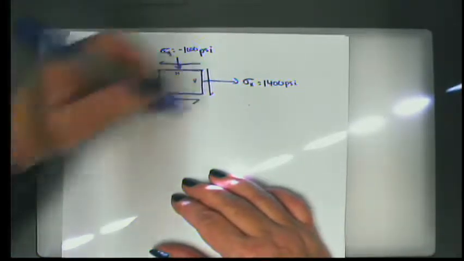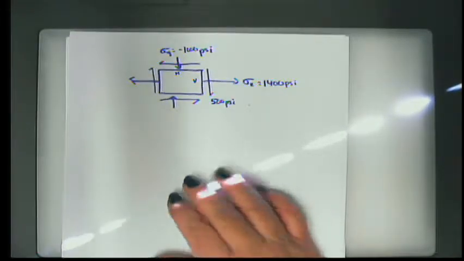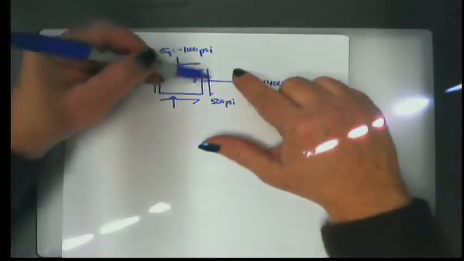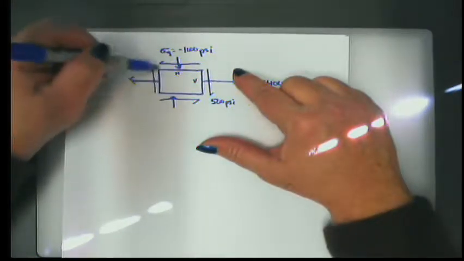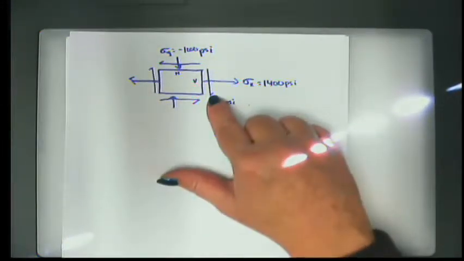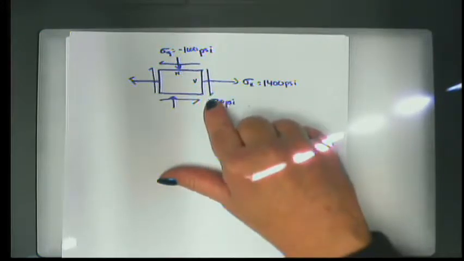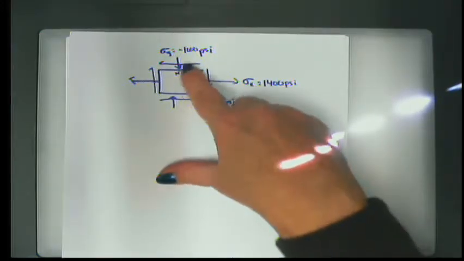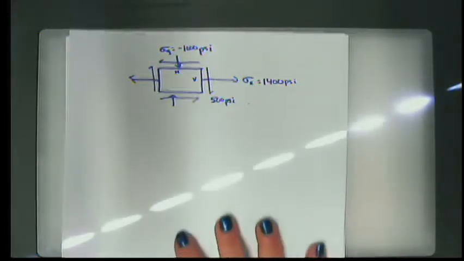The value is 500 psi, and because it's on a plane rather than on an axis, we have 2 different rotations. So this rotation is clockwise, this rotation is counterclockwise. That means when I identify the location of my vertical face, because this rotation is clockwise, this will be negative, and on my horizontal face, because this rotation is counterclockwise, that will be positive.